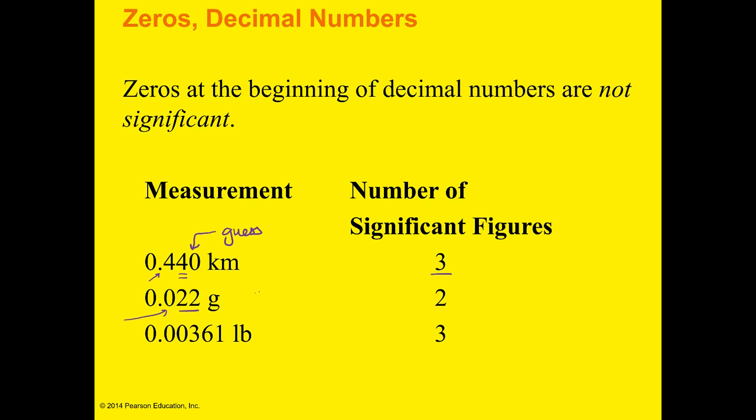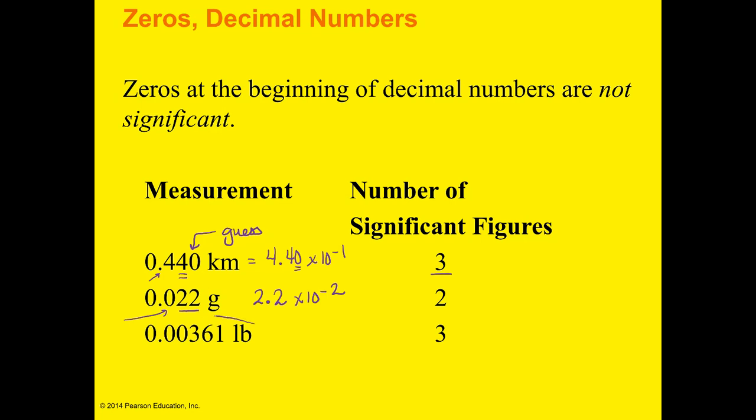And if we convert this to scientific notation, that would be 2.2 times 10 to the negative 2. And if you notice, that zero goes away. I can convert this one to scientific notation, and that's 4.40 times 10 to the negative 1. Notice that zero stays because it's part of the measurement.